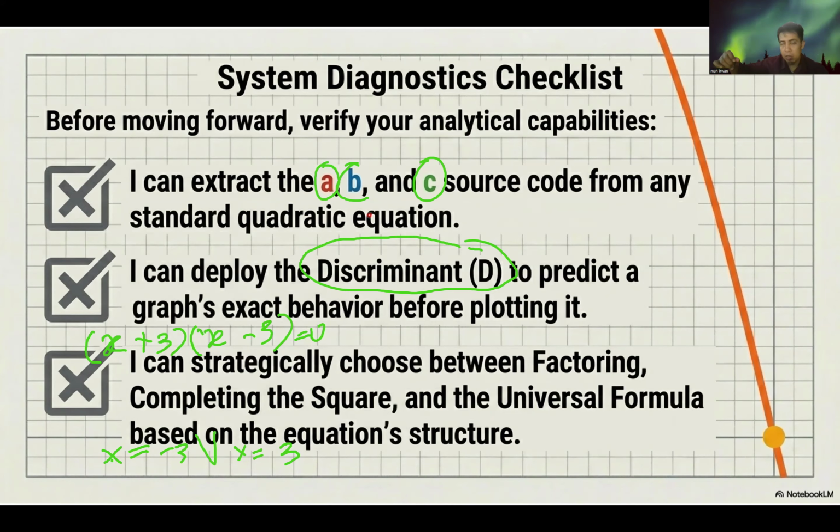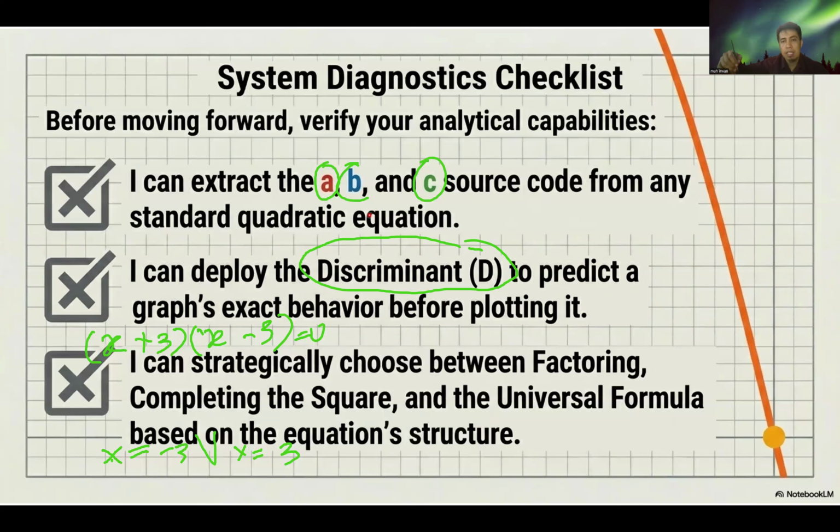If D is more than 0, the graph touches and crosses the x-axis. If D equals 0, the graph only touches the x-axis.